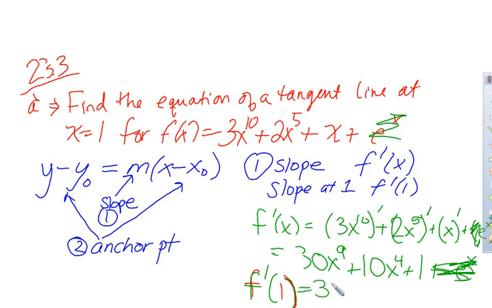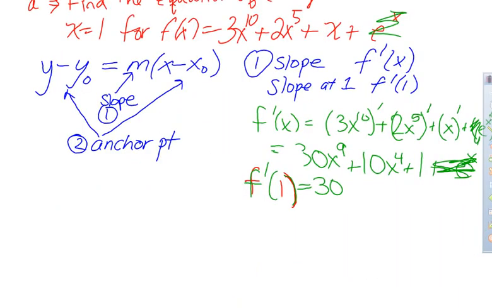So I get 30 times 1 to the 9th plus 10 times 1 to the 4th plus 1, right?